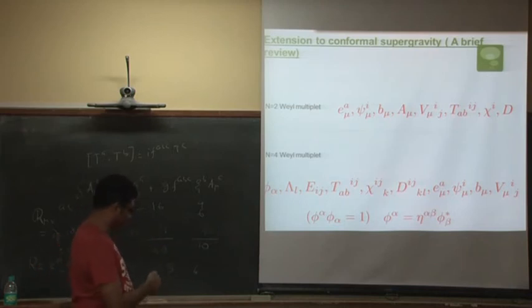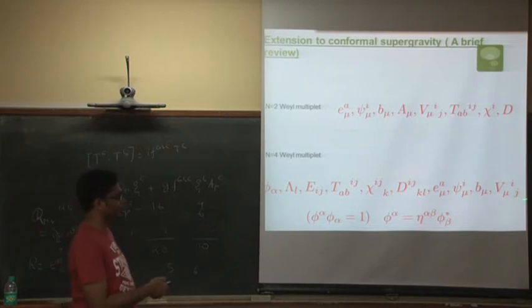And so here in n equal to 4, of course you have this T_ab^ij, which is similar to this. It's antisymmetric in a and b and anti-self-dual in a and b. And you have E_ij, and you have chi^i_jk, which is antisymmetric in j and k, and traceless in i and j or i and k. And there's a D^ij_kl, which is antisymmetric in i and j and k and l, and traceless in any of the two cases.